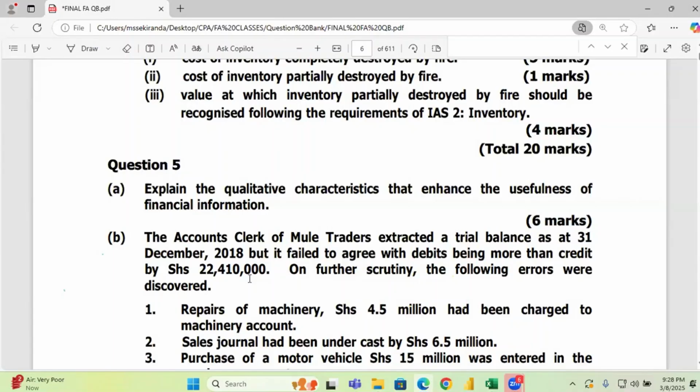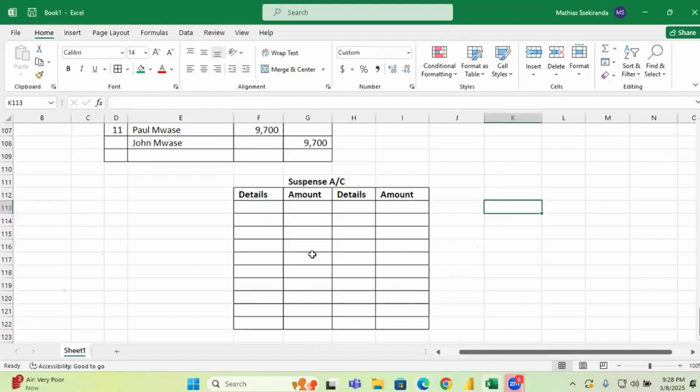So if I may ask, on which side should we put the suspense account? The debits being more than the credits. So on which side is the suspense account? Credit side. On the credit side. Very good.